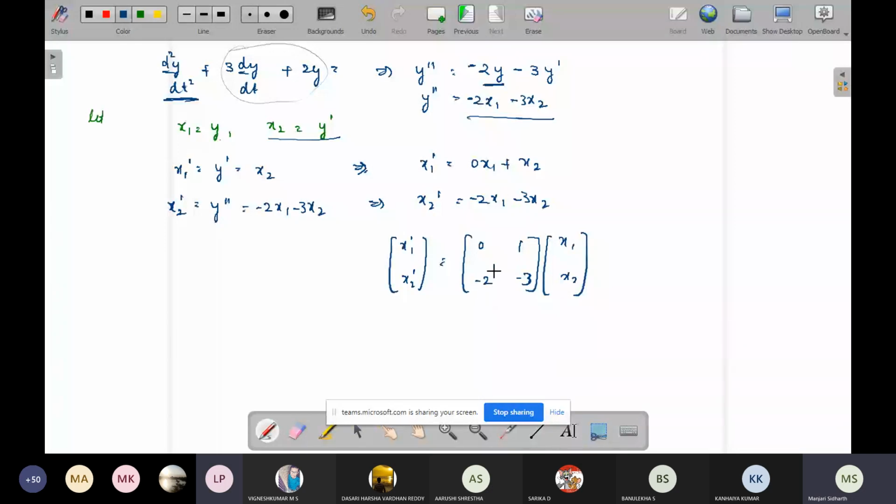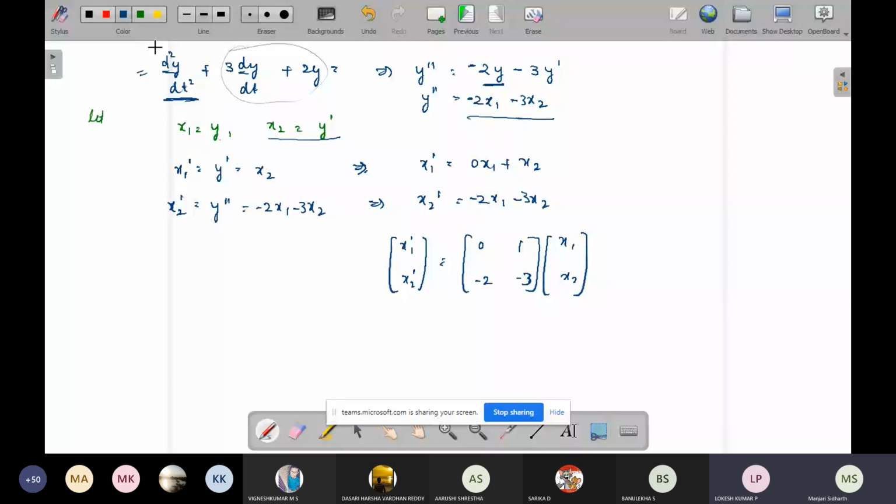Ma'am, x2 dash you're substituting as minus 2x1 minus 3x2. Instead of that, can we put x3, ma'am? Like x3 is equal to y double dash? No. If it is a second order differential equation, you will have two equations only, two dependent variables only.